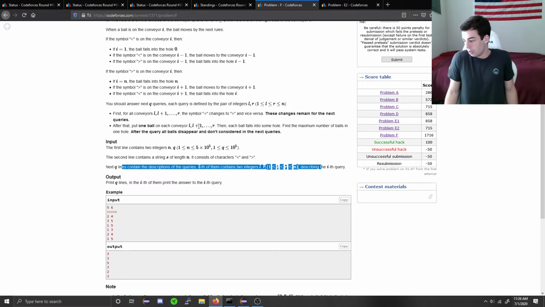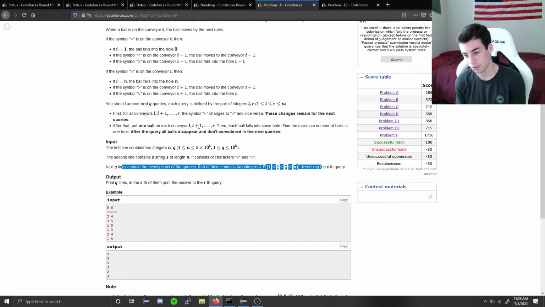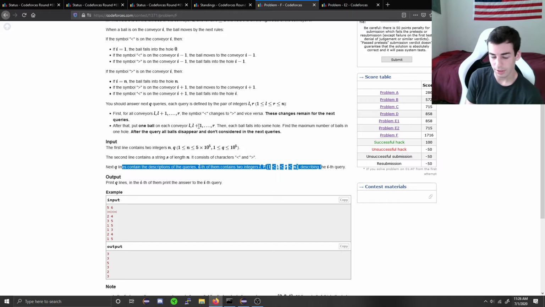Because it's not entirely true, the balls in a hole can come from two different directions. So it's not just a continuous range. It is kind of a continuous range, though, in a sense.